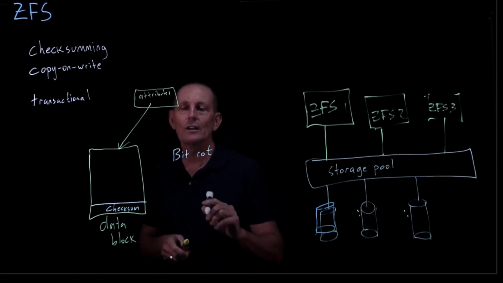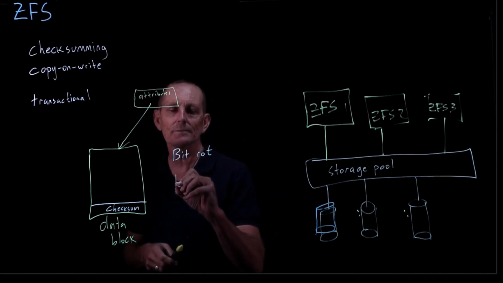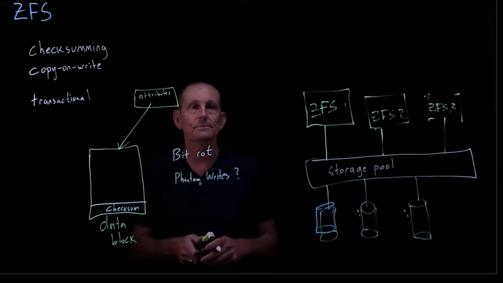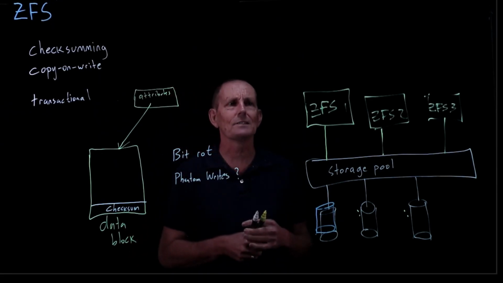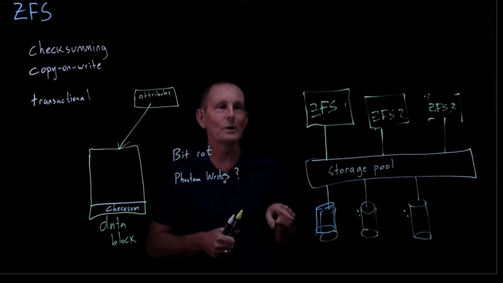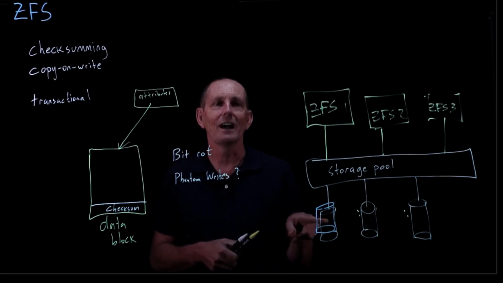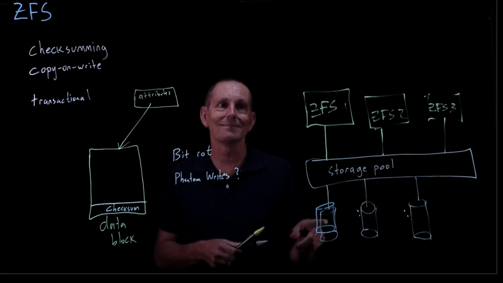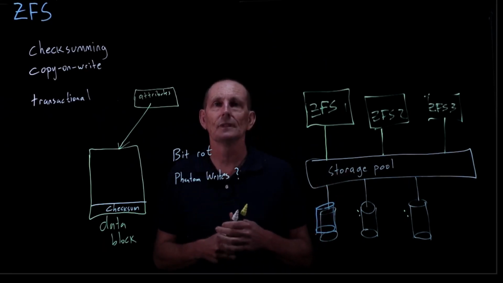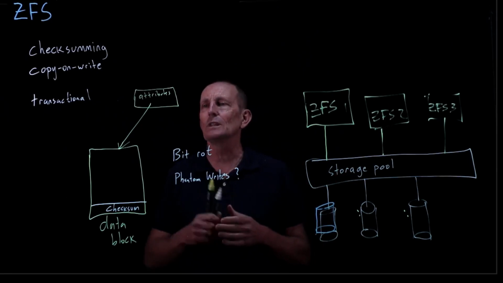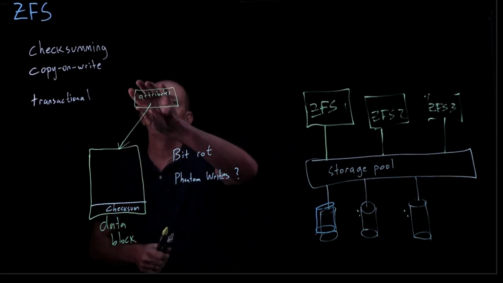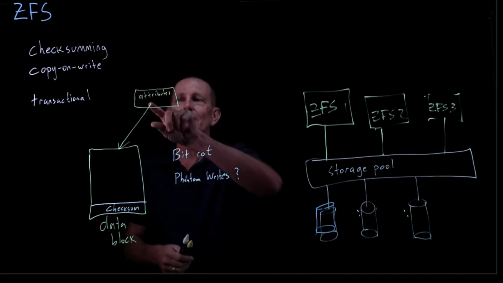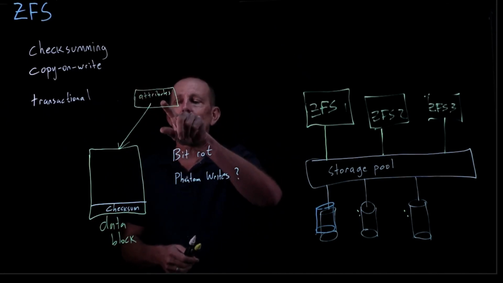Does this guard against phantom writes? No. First off, what the heck is a phantom write? A phantom write is when you tell a disk drive, I want to write to block 53, and it just doesn't write at all. Why does that not work? Let's say it's an inode, and we have a block, and we update the block.